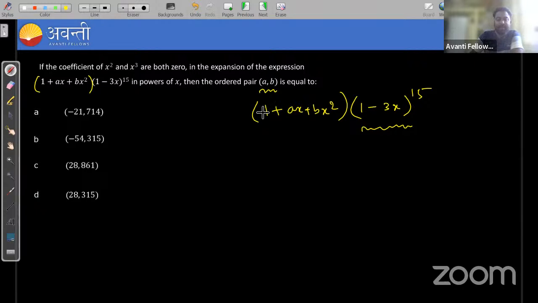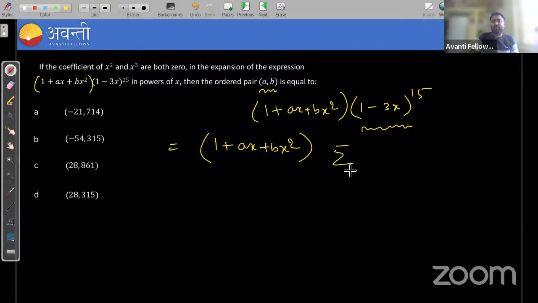Similarly here, if we write the expansion of (1 minus 3x) to the power 15, how many terms are there? 16 terms.